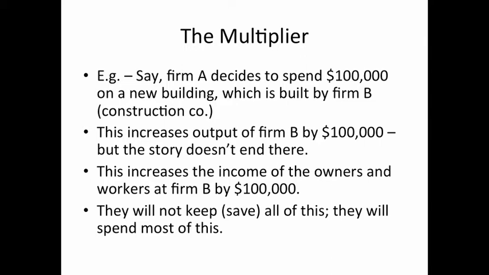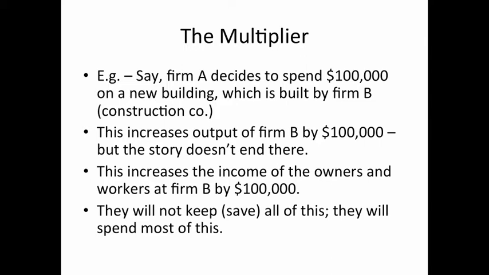So right now, at this first stage of this process, firm A spending goes up by $100,000, and the output of firm B also increases by $100,000. So if we stop right now, spending has gone up by $100,000 and production has gone up by a value of $100,000. So the increase in spending is equal to the increase in real GDP.